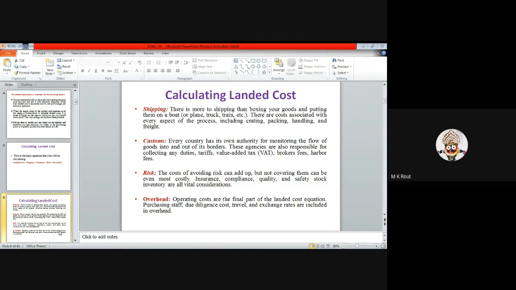For example, most furniture or household goods come from countries like Bangkok, Thailand, or South Asian countries. In that case, the customs charges, travel expenses, purchasing staff, especially with reference to operating cost, are directly included in your landed cost, especially with reference to your overhead.